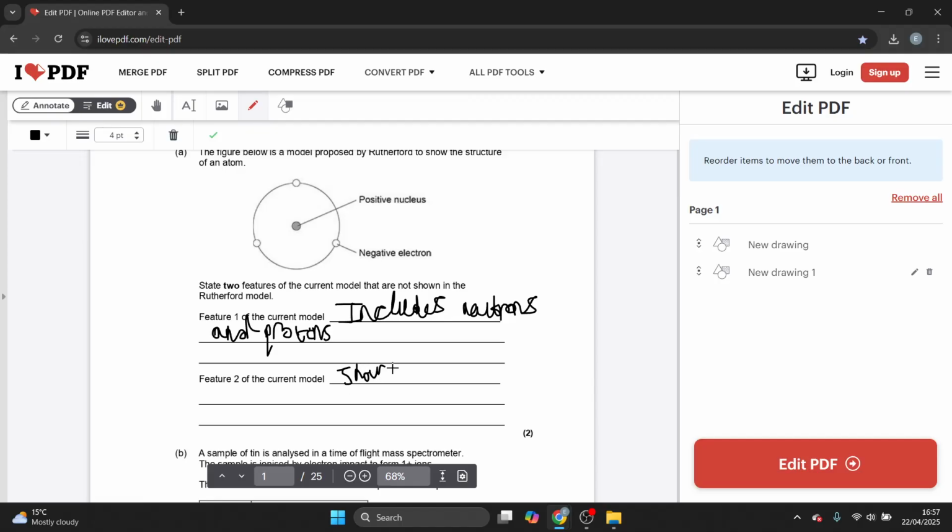The second one is probably where most students would not get it. That second mark for the second feature shows the electrons in different energy levels or different orbitals. So one feature of the current model includes neutrons, protons. Another feature shows electrons in different energy levels or orbitals.